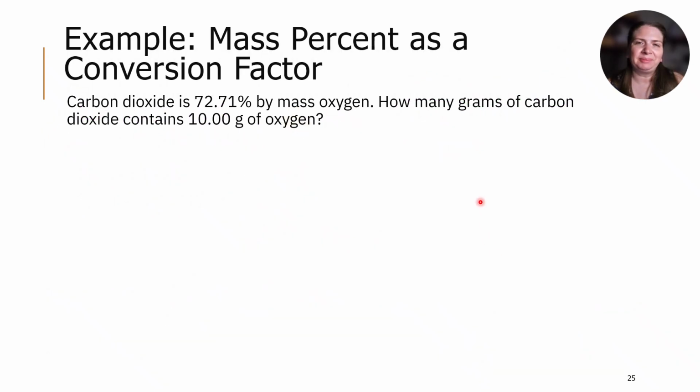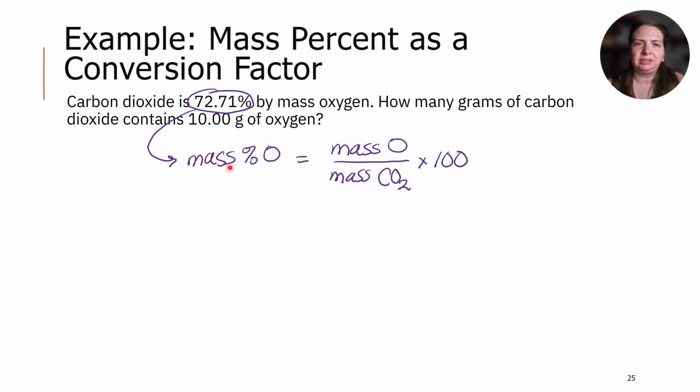Mass percent composition can also be used as a conversion factor. Carbon dioxide is 72.71% oxygen by mass. How many grams of carbon dioxide contains 10.00 grams of oxygen? The mass percent equation tells us that the mass of oxygen divided by the mass of carbon dioxide times 100 would be equal to our mass percent composition.